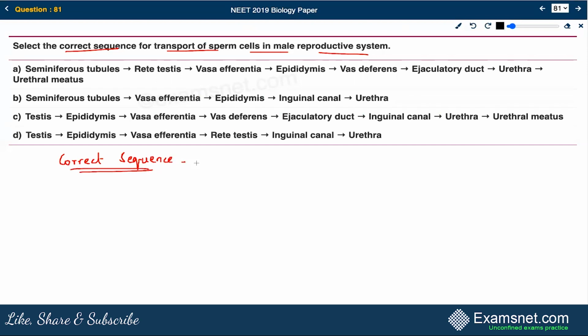So if you have to identify the correct sequence, it is going to start with the very important structure, the seminiferous tubules, because these are the only ones which are going to produce sperms. So it starts with seminiferous tubules, which are the main important site inside the testis producing sperms. Seminiferous tubules will be followed by rete testis.